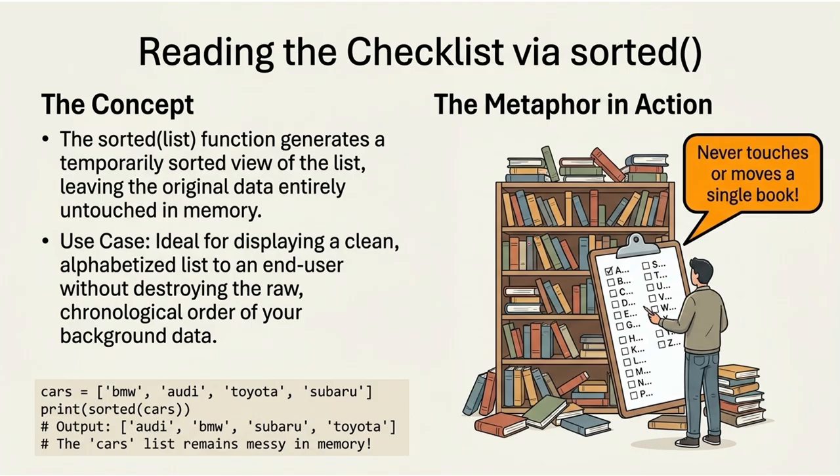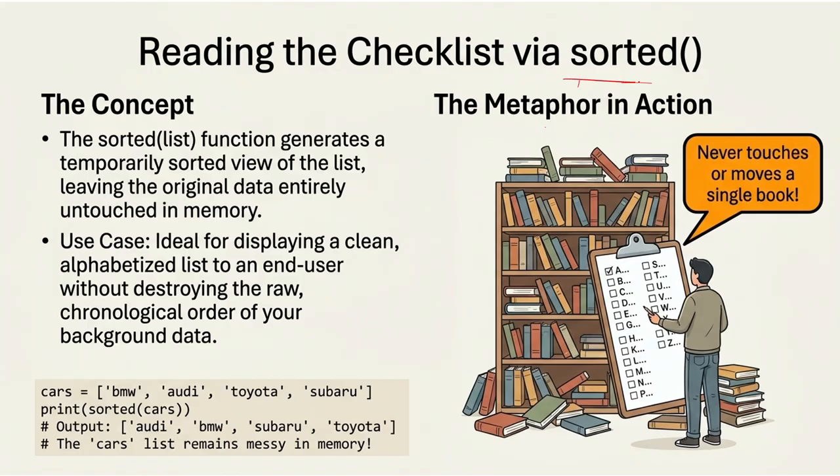Now let's see the next slide. Suppose you don't want to permanently change the order of items within a list, you just want to do it on a temporary basis. You will use the sorted method.